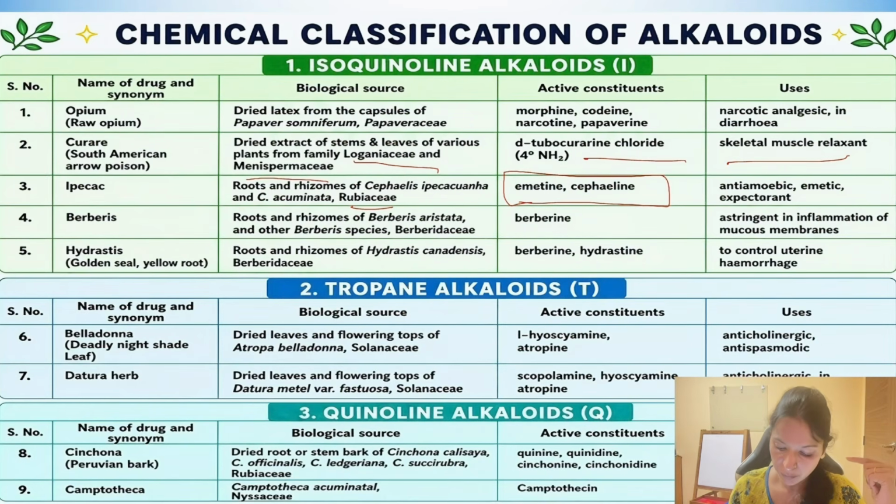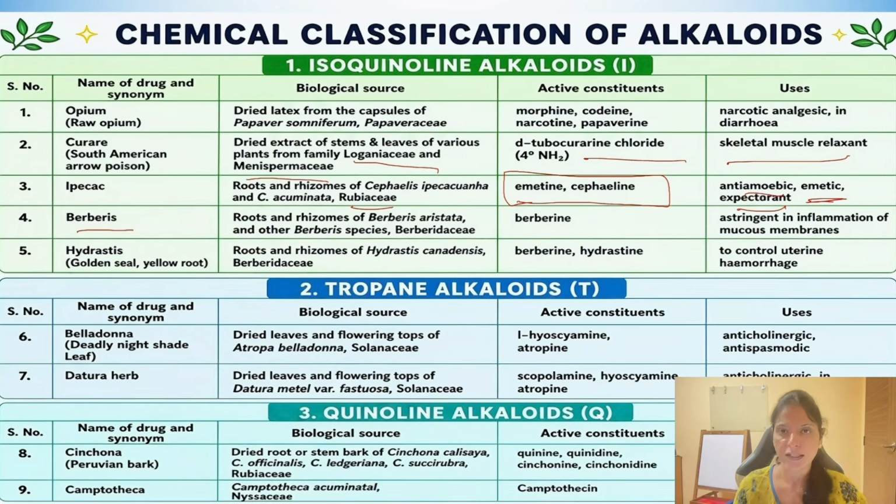The main important point is the alkaloid constituents, which are known to exhibit the pharmacological activity. In ipecac, the main active constituents are emetine and cephaeline, and they act as emetics, as the name itself indicates. Along with that, they also act as expectorants and anti-amoebic agents. So this is the third example under isoquinoline.